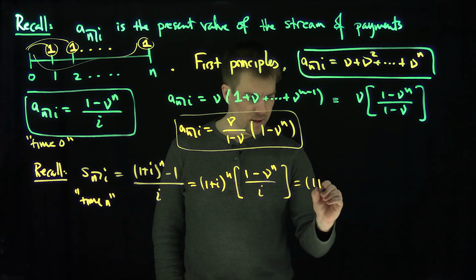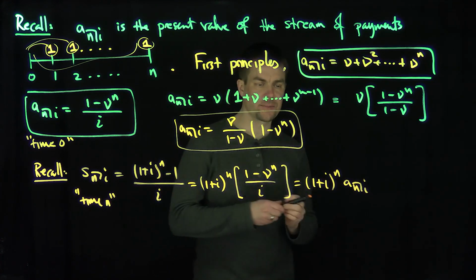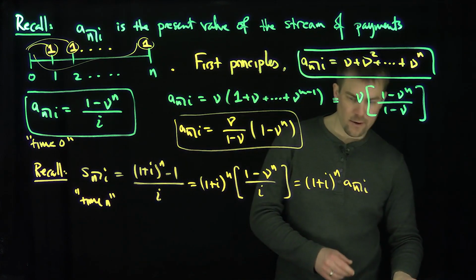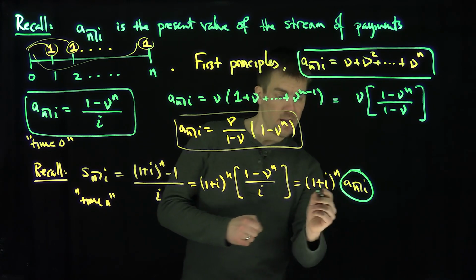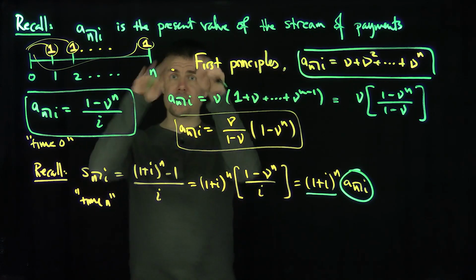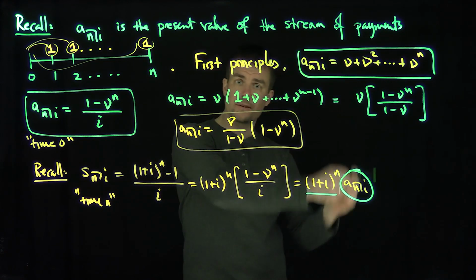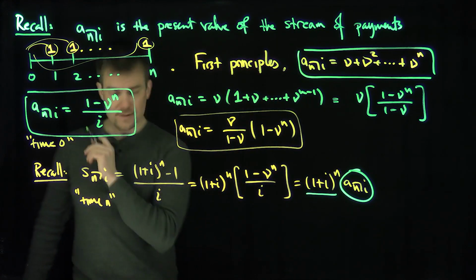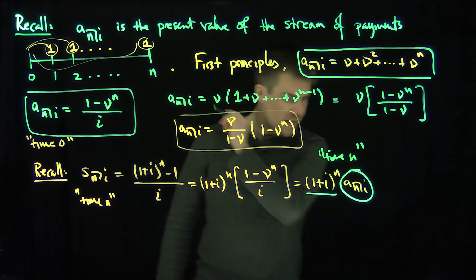This is exactly (1 plus i) to the power n times A_n angle i. That makes sense because that says take the present value of that stream, A bracket n angle i, and push it forward (1 plus i) to the n, which takes the present value at time 0 and moves it to time n. So this is a time n expression in the timeline.